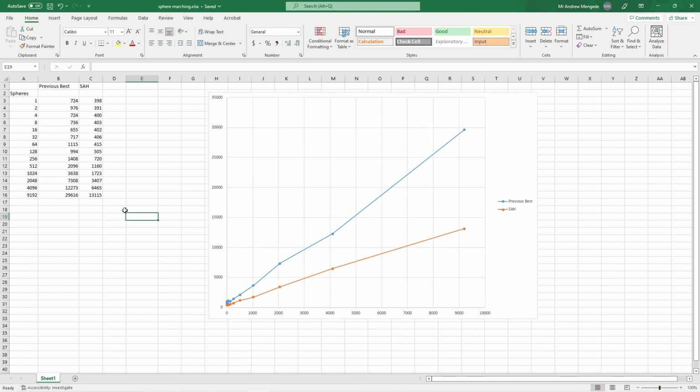Okay, so that's pretty good. That's a big improvement. Now, we can also just look at how is the GPU performing by itself.